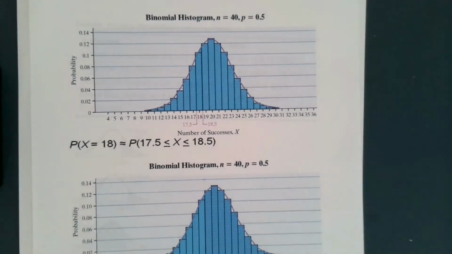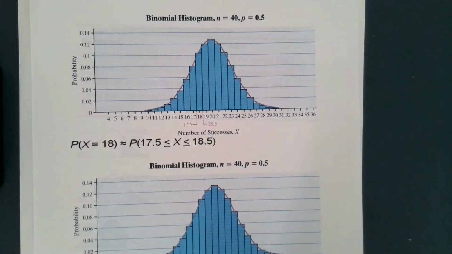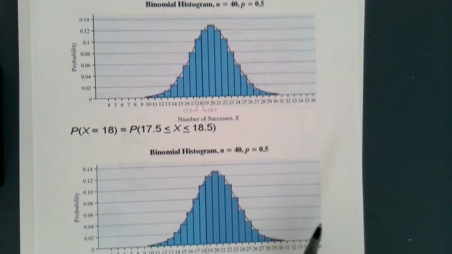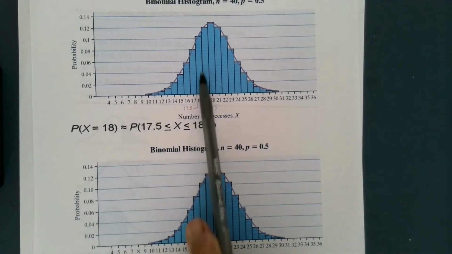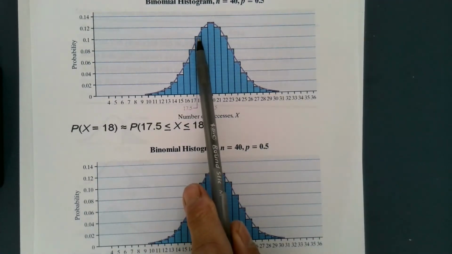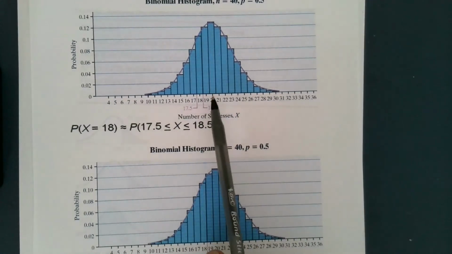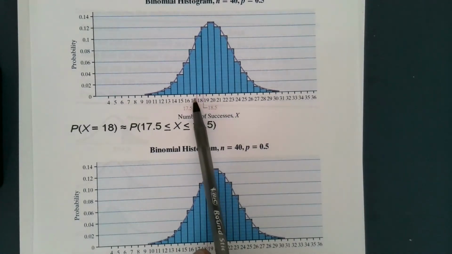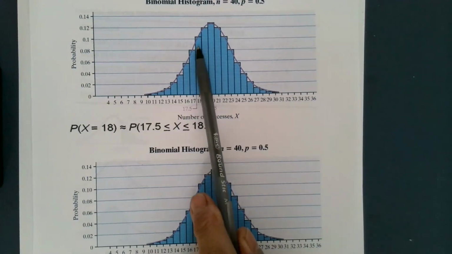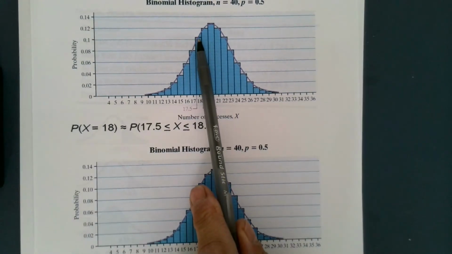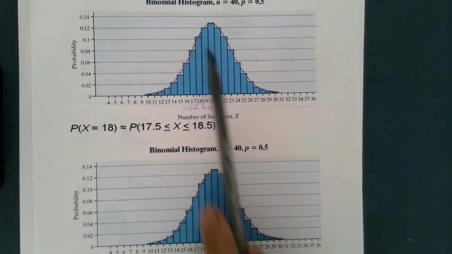Now if we want to approximate, we can use the normal curve to approximate the probability that x equals 18. The exact probability that x equals 18 would be the area of bar 18 on the histogram. Since the width of all these bars is equal to 1, it would be the height of bar 18, which would be a little bit more than 0.1.